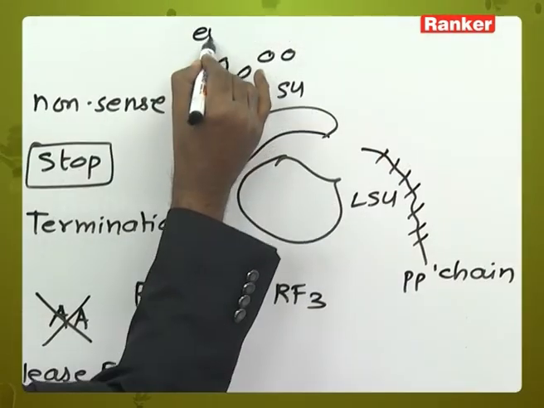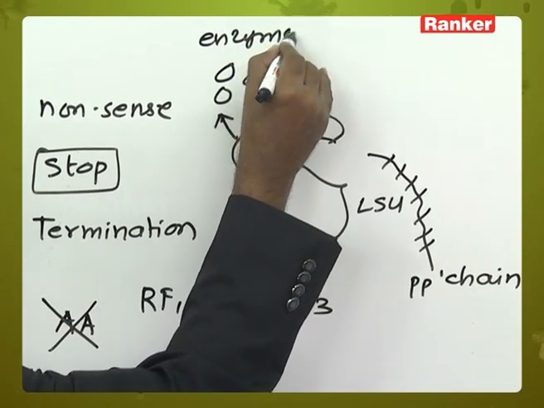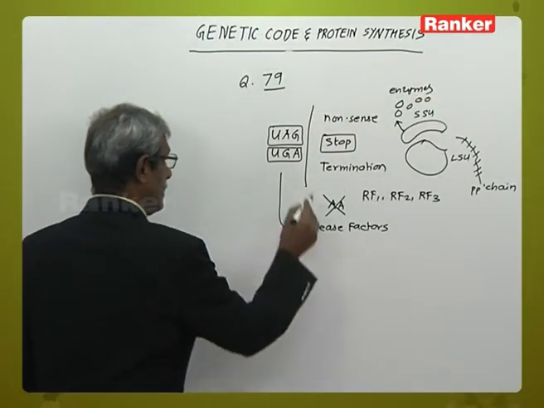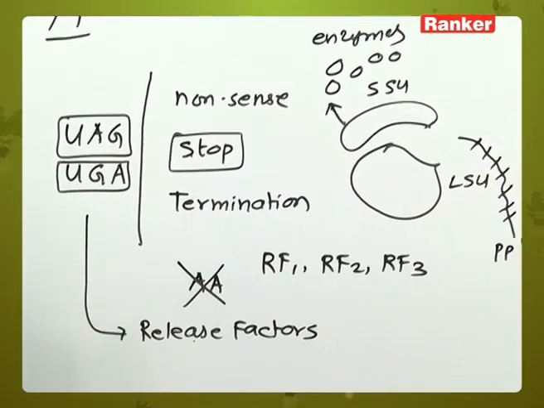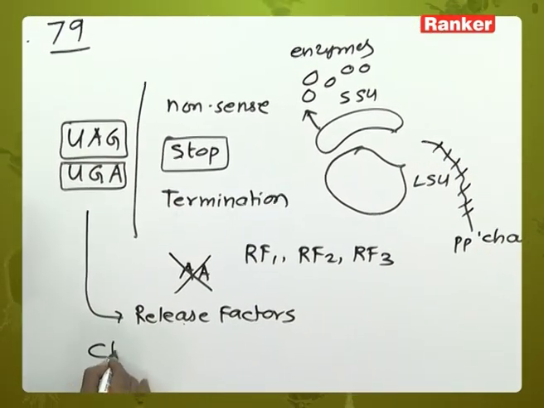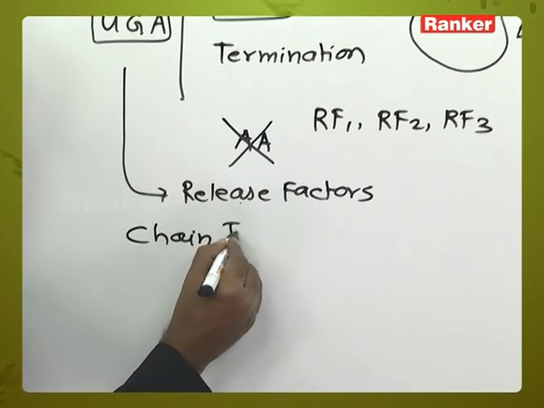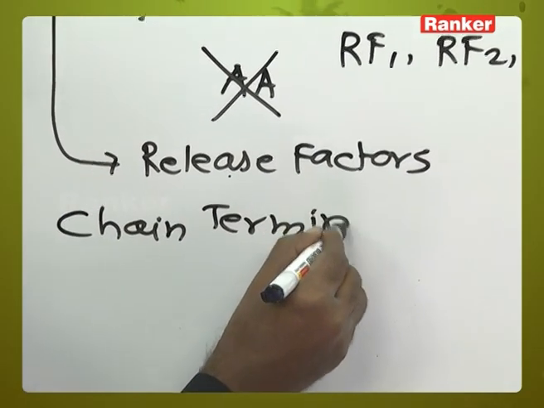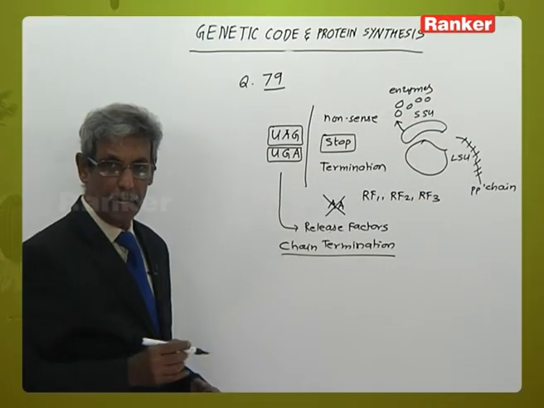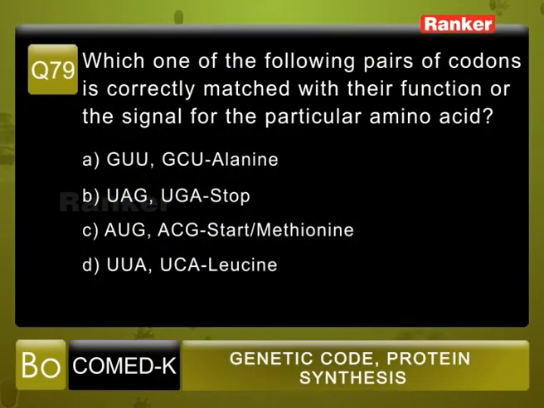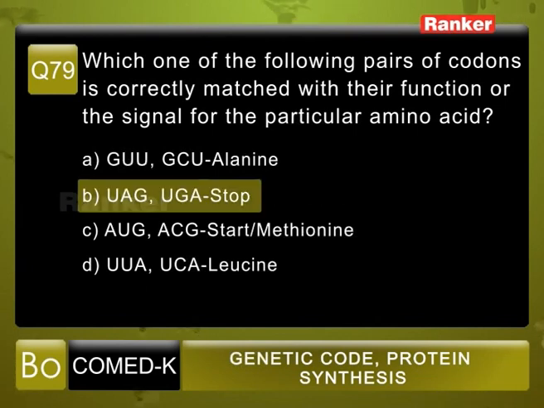Hence, UAG and UGA act as stop codons with release factors at the end of chain termination in protein synthesis. The answer is B.